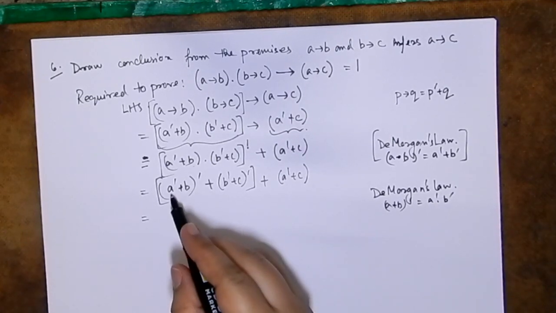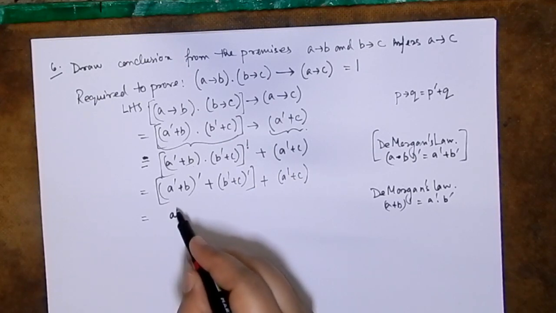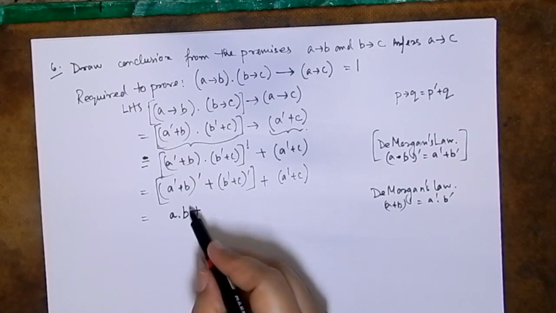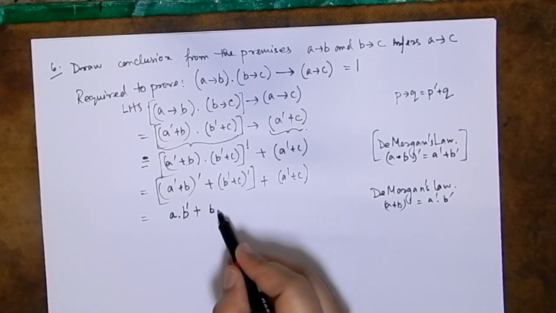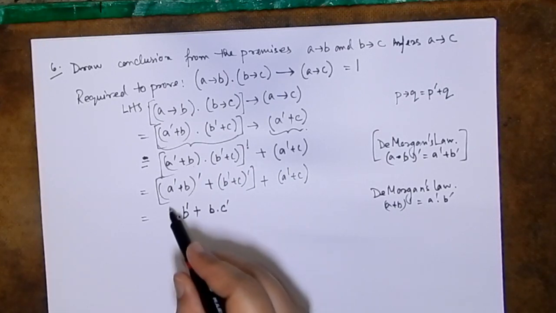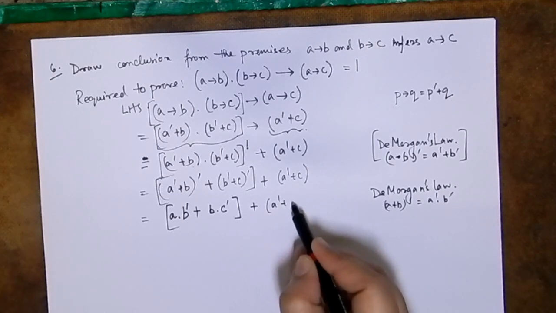So it's a double dashed means A, so that's complementary law. A double dashed is A dot B plus B dashed plus B double dashed means B dot C dashed plus A dashed plus C.